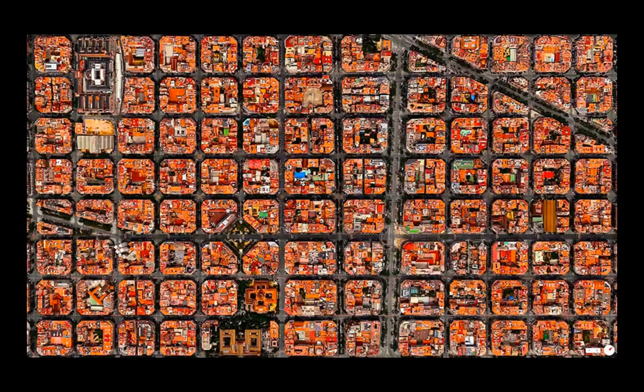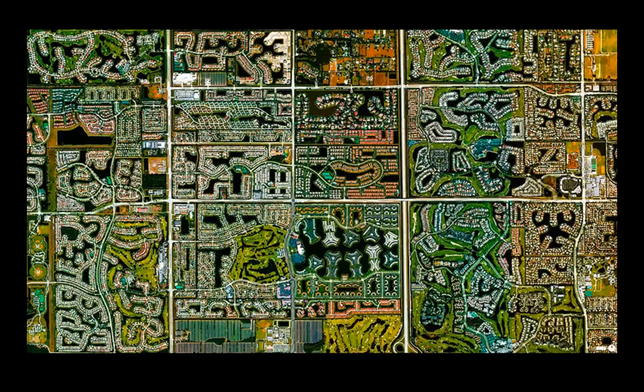The city blocks of Barcelona. The sort of gated communities of Boca Raton, Florida, USA, where each little square or portion of this quilt is kind of its own miniature world, its own miniature landscape.